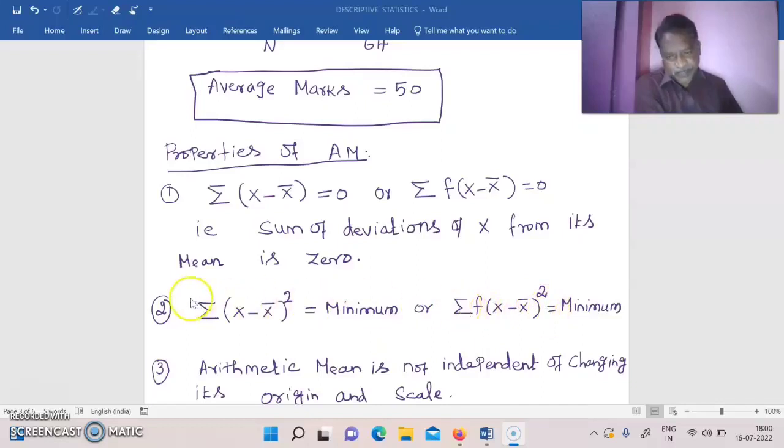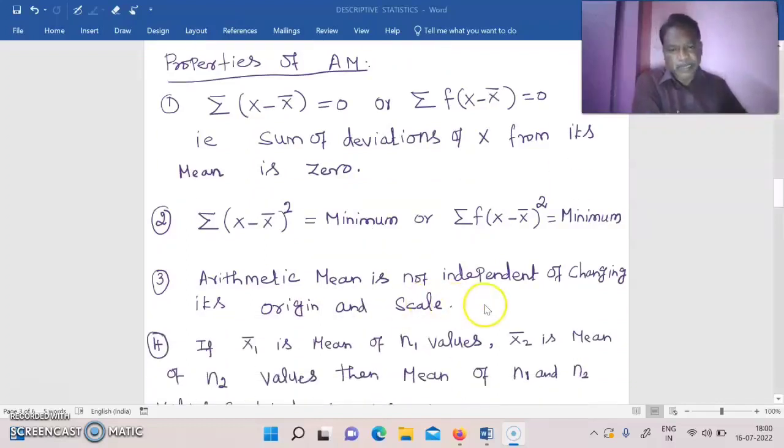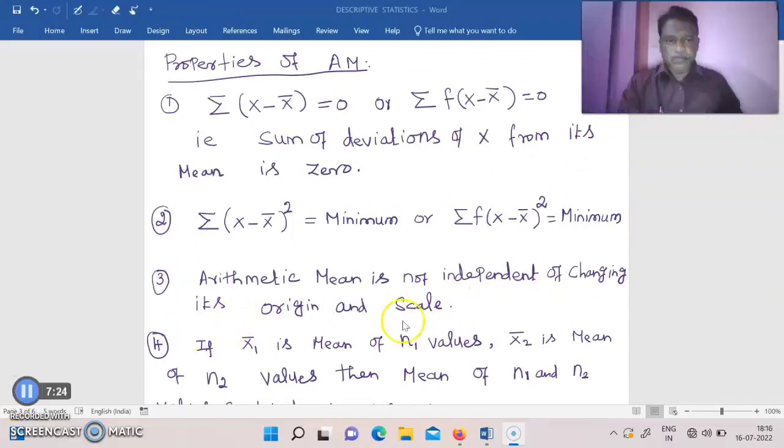That means the sum of the squared deviations of the data from the arithmetic mean gives us a minimum number. When you subtract all the values from the arithmetic mean and you square each value, when you sum up, it gives us a minimum number. Then, arithmetic mean is not independent of changing its origin and scale.